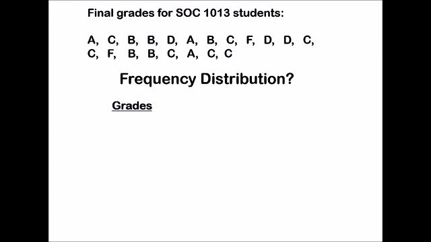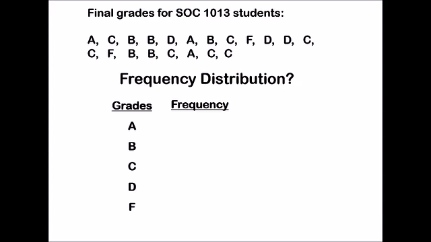The attribute is grades, and of course then the letter grades, precise letter grades, would be the attributes. So we have A's, B's, C's, D's, and as you can see also there's F's within the distribution.